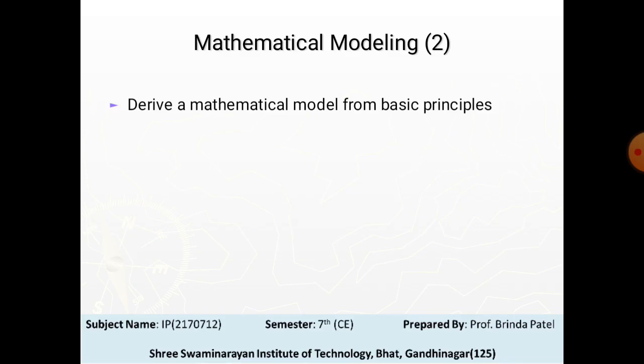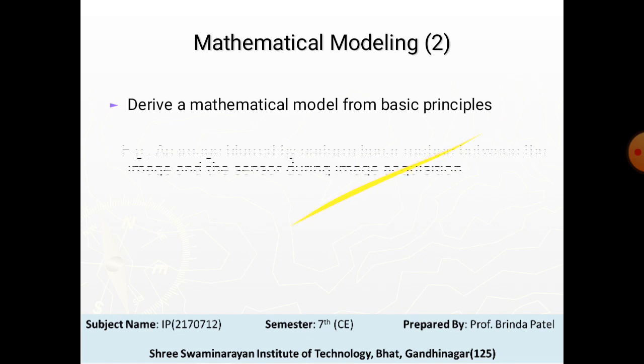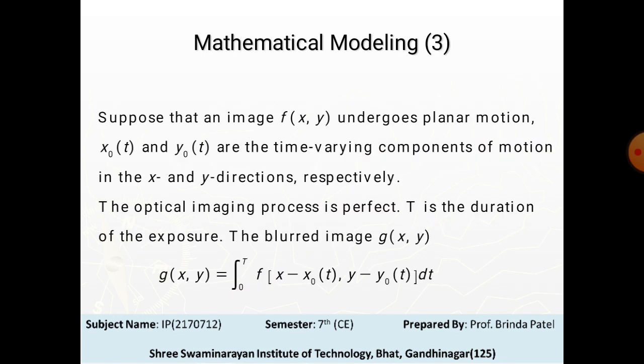Another major approach in modeling is to derive a mathematical model starting from basic principles. Here we illustrate this procedure by treating in some detail the case in which the image has been blurred by uniform linear motion between the image and the sensor during the image acquisition. Suppose that an image f(x,y) undergoes planar motion and that x0(t) and y0(t) are the time varying components of the motion in the x and y directions respectively.